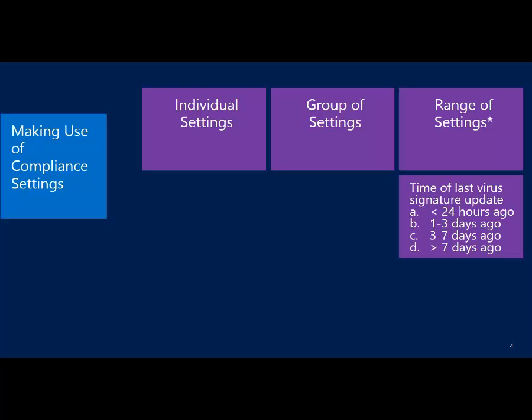It will always report as non-compliant, because really what you're using this to do is not check compliance. You're using it to check how a system is configured within a range of possible values, right? So you could argue that maybe having virus signatures that are greater than 7 days old is considered non-compliance in your organization. That's great. But even those that are less than 24 hours will be flagged as non-compliance.